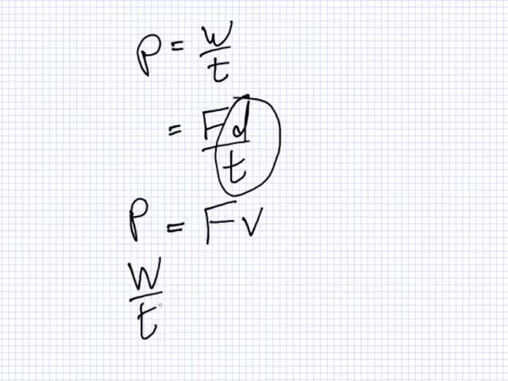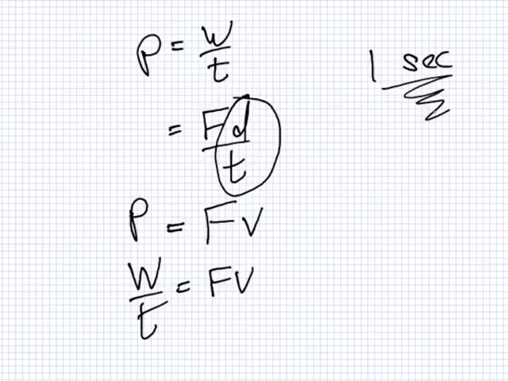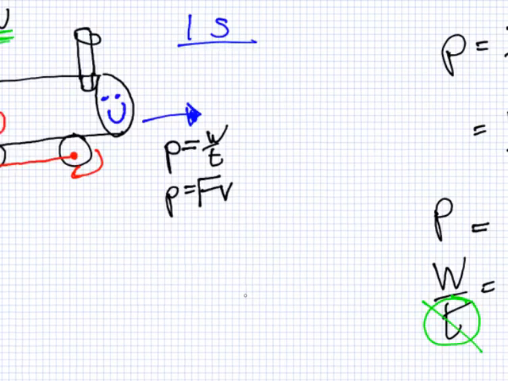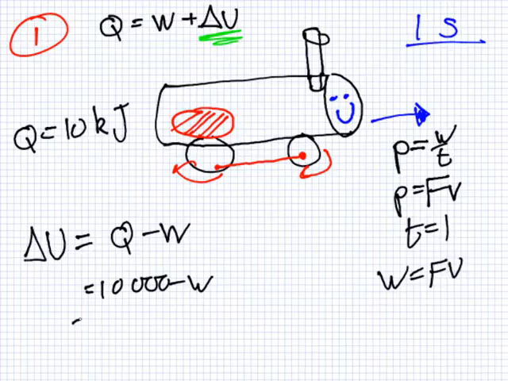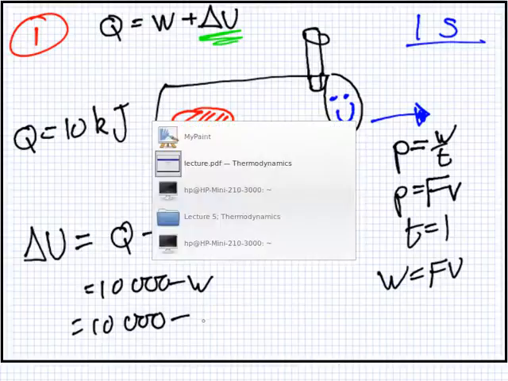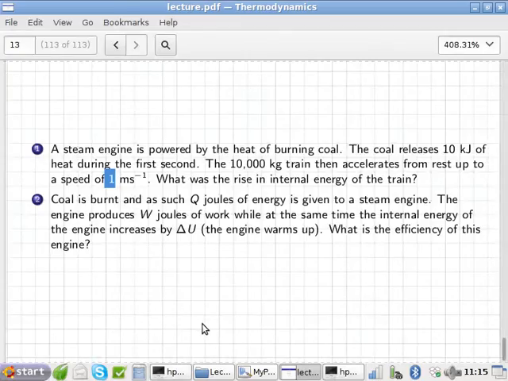Power is work over time. But if I'm looking at 1 second, what's the T here? The T is 1. So the work is just FV. So this would be 10,000 minus F V. Do we know F?